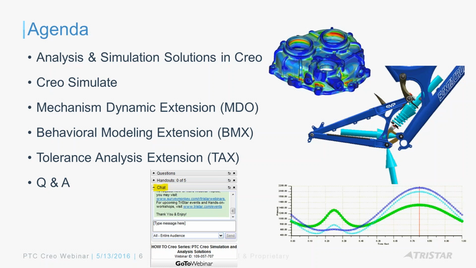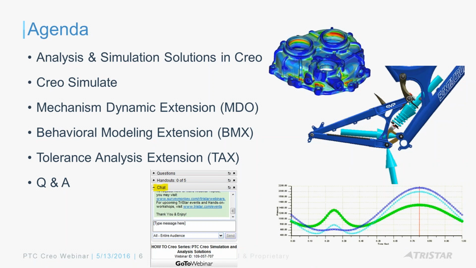So that said, today, mainly we have covered Creo Simulate in the past, but I wanted to go over, other than Creo Simulate, also mechanism dynamics, behavioral modeling, and tolerance analysis extension. So there are quite a lot of tools available in Creo on the computer-aided engineering side.